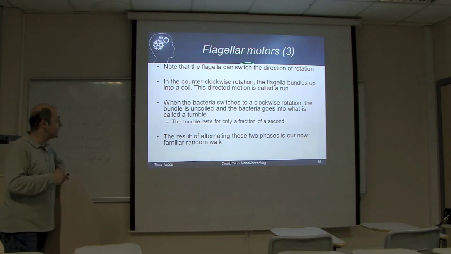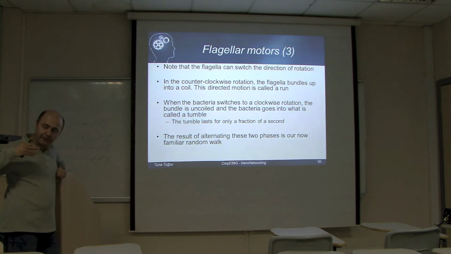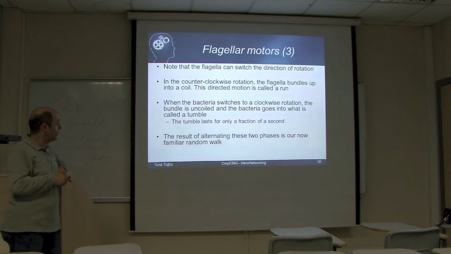So note that the flagella can switch the direction of rotation. In the counterclockwise rotation, the flagella bundles into a coil, and this direction is called a run. During that run, the flagella bacteria goes in one way, okay? In a straight line. Then it stops and switches to a clockwise rotation, and the bundle is now uncoiled, and the bacteria goes into what's called a tumble.